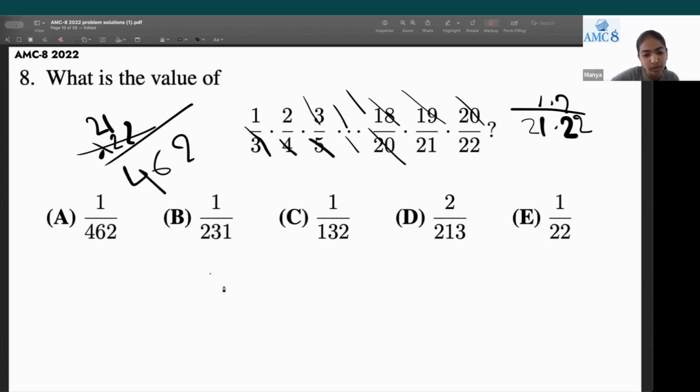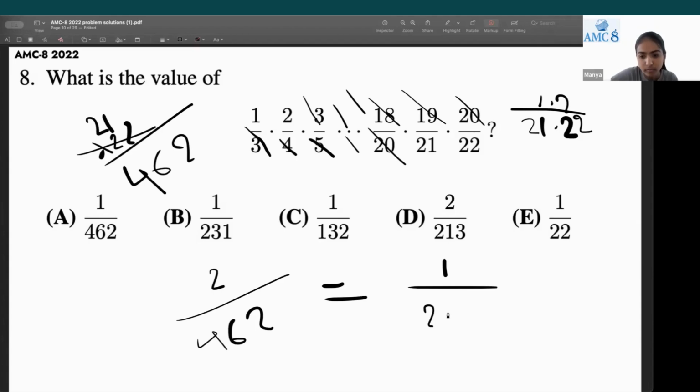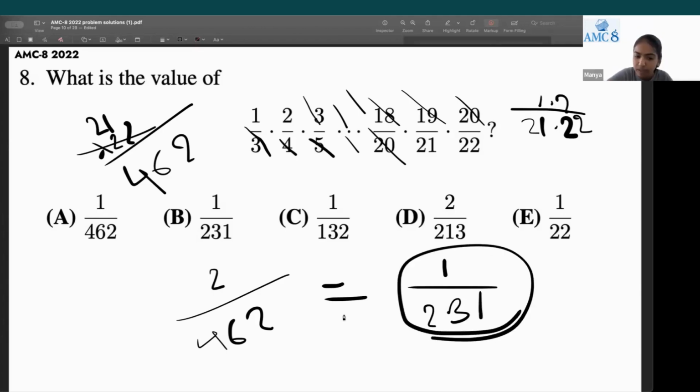And so we're going to be getting 2 over 462. If we simplify that, then we would be getting 1 over 231. We simplified this because we divided by 2 on both the top and the bottom. And then we get 1 over 231. And that's how we got our answer choice B.